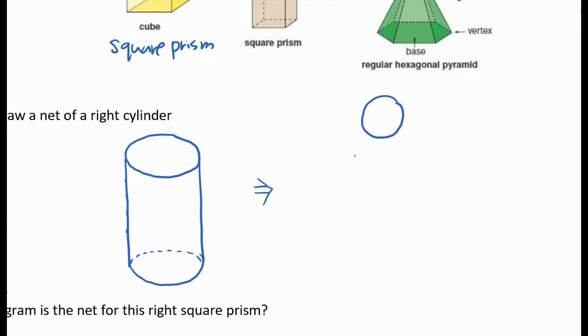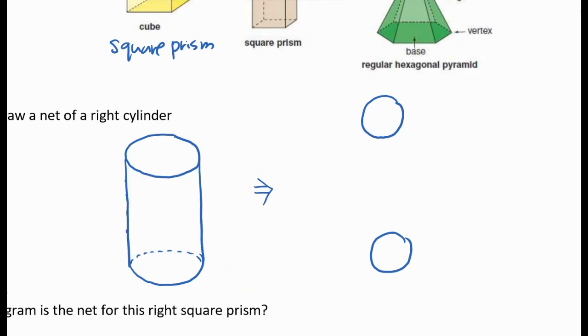I'm going to draw a circle because it has a circular top, and I'm going to draw the bottom. It has a circular bottom. And what about the lateral face? How can I draw this? So what is this shape, everyone?